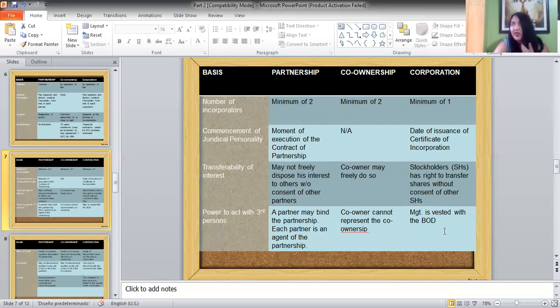Diba? Halimbawa ako, class, dati nag-invest din ako sa stocks. May investment ako sa BPI, sa ABS-CBN, nung may ABS pa. May investment din ako sa ISM company. So, yung sa halimbawa sa BPI, di ba, nag-invest ako doon, shareholder ako doon. Pero hindi ibig sabihin na shareholder ako, may karapatan na ako sa management ng BPI. Di ba? So, tanging board of directors lang nila yung in charge sa management nila.